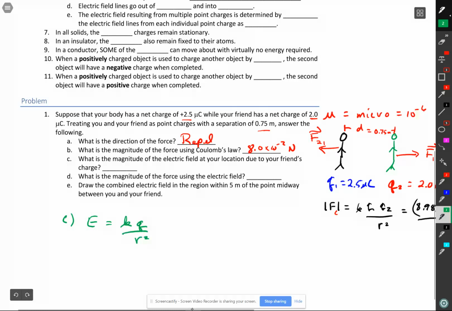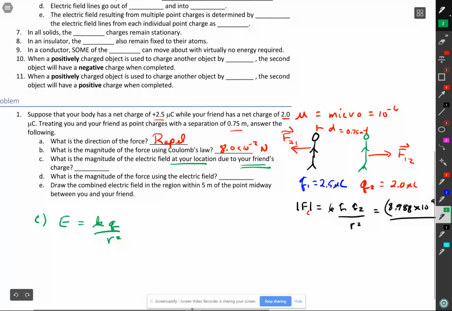This is the magnitude, so I don't have a vector sign, of the electric field at your location due to your friend's charge. So that means the Q is going to be Q2, your friend. And this time I only am going to have the red charge, the friend's charge.